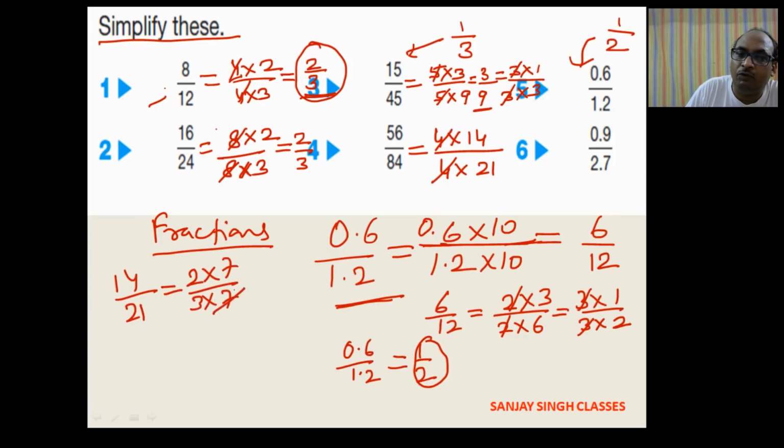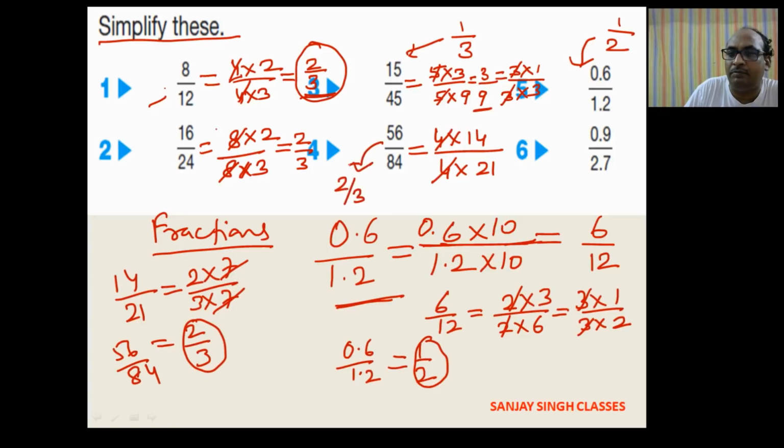So what we have found? We have found that 7 and 7 has become a common factor and it is 2 by 3. So our 56 by 84 has become 2 by 3. Okay. So for this our answer will be 2 by 3.